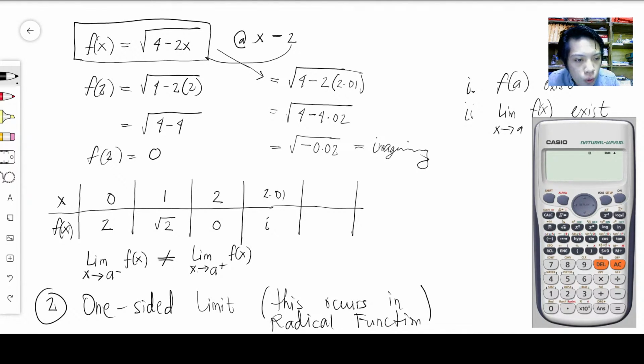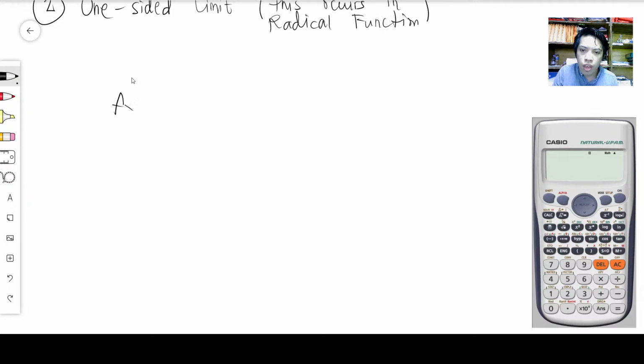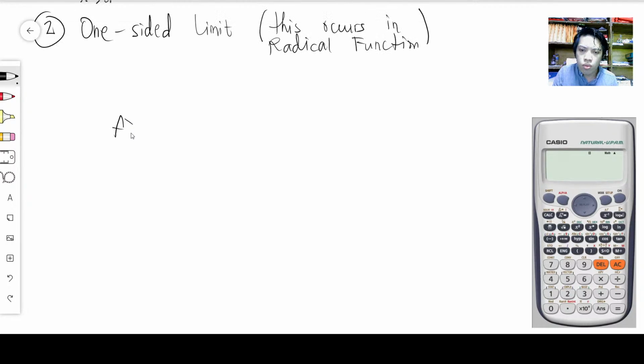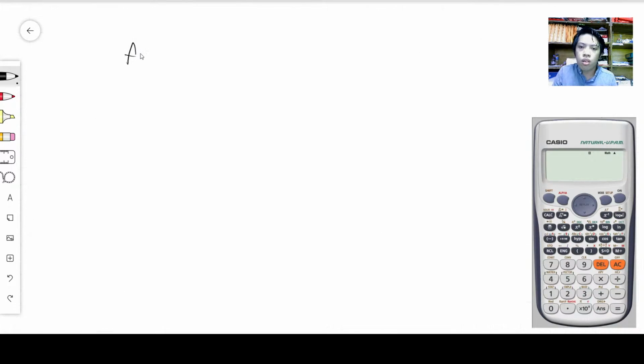Okay. So another example that I want to give you is this one. Wait lang. F of x, what's happening? F of x is equal to 3x plus 2.